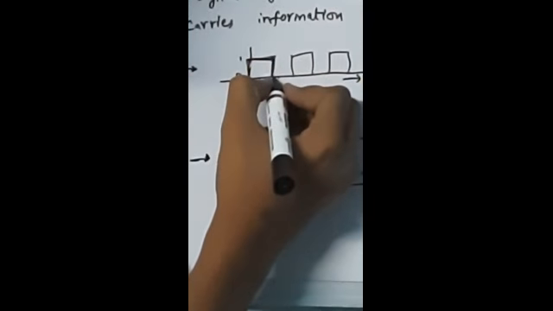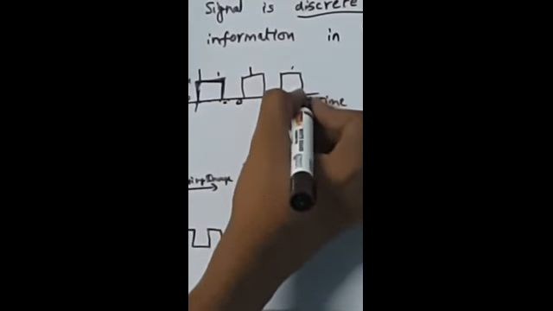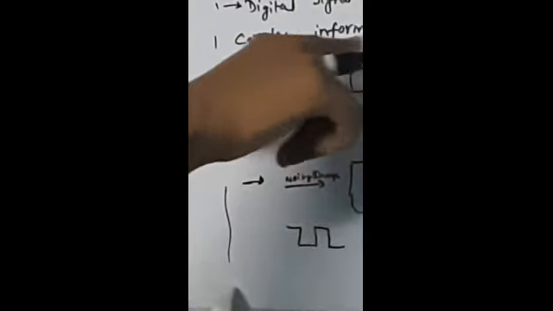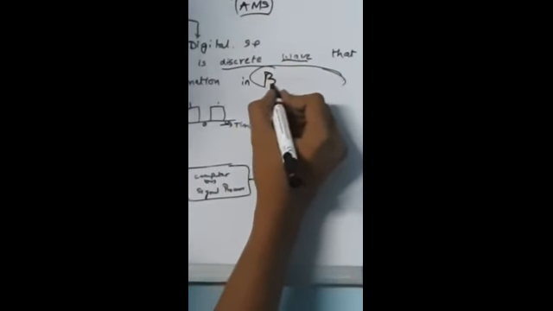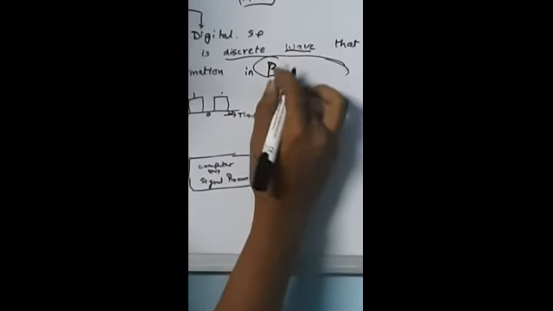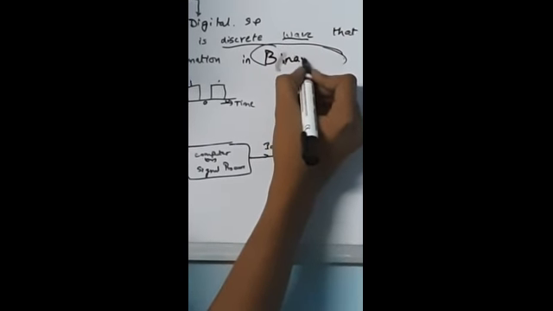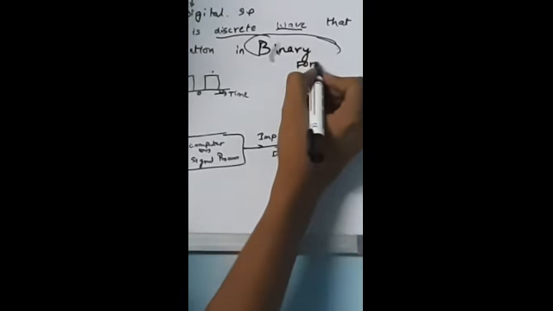This line is the 0 line. Here 1, again 0, again 1, again 0, again 1, again 0. Like that, it is not continuous in form. It is discrete and it mainly takes the binary form.